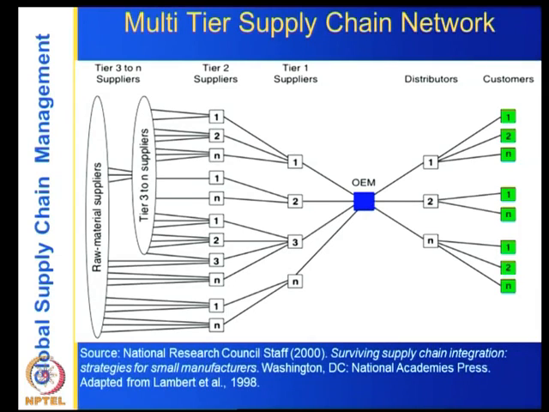Supposing they paint on the Barbie doll to show the color, and the paint has lead content in it. If the lead content is high, and the child licks the paint and puts the Barbie doll in the mouth, then it could be poisonous. There have been several accidents like this. So it's important that the multi-tier supply chain is mapped well.